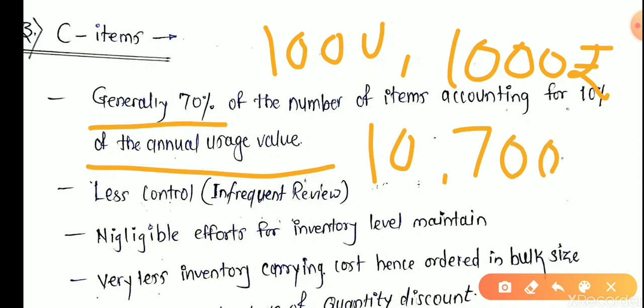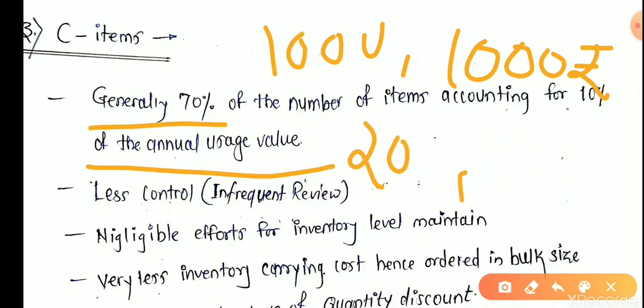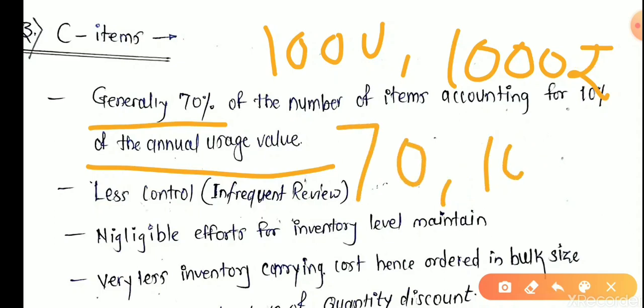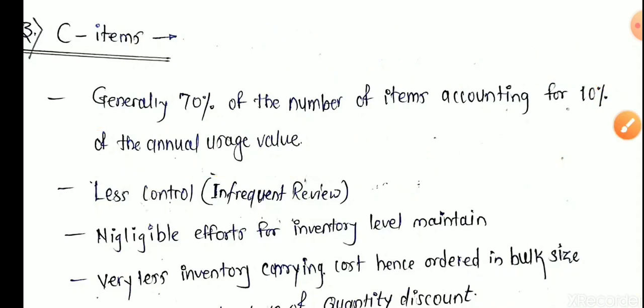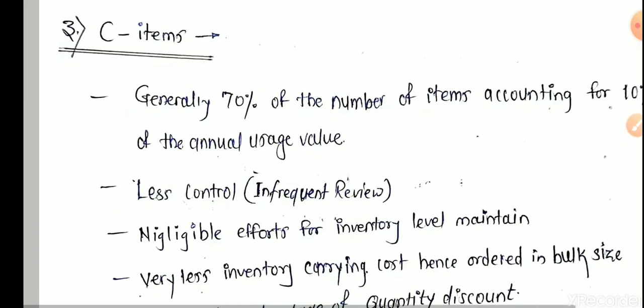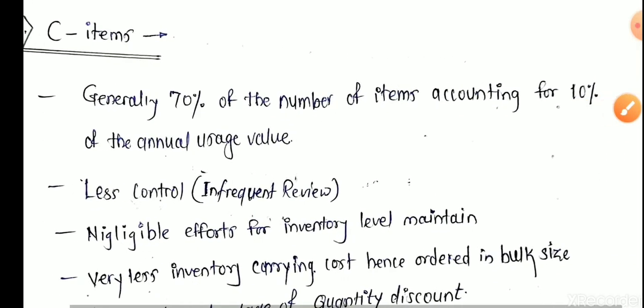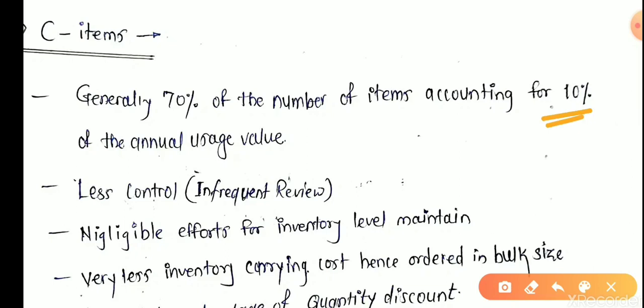B type of item gets 20 units and its cost is 200 rupees. Now how much remains? The remaining is 70 units and its cost is 100 rupees. Means in our list of 100 items, 70 items are such that their total value comes to only 10%.